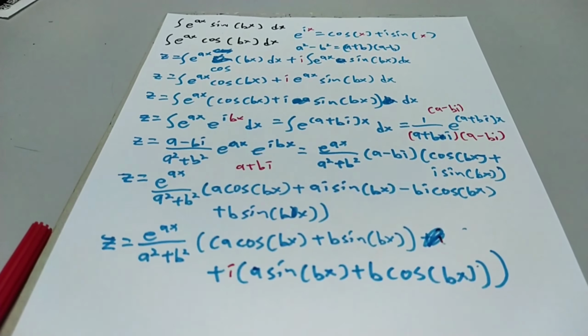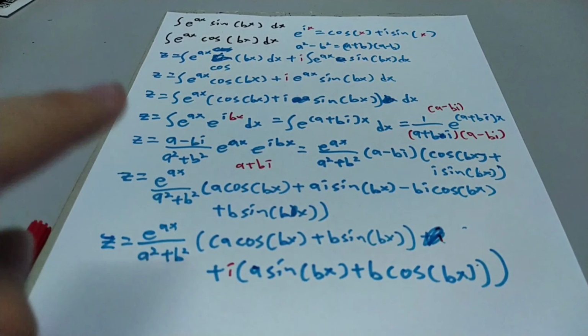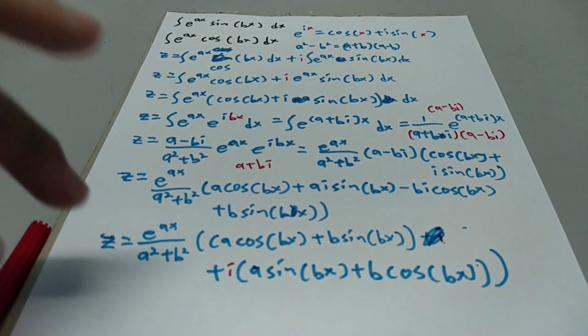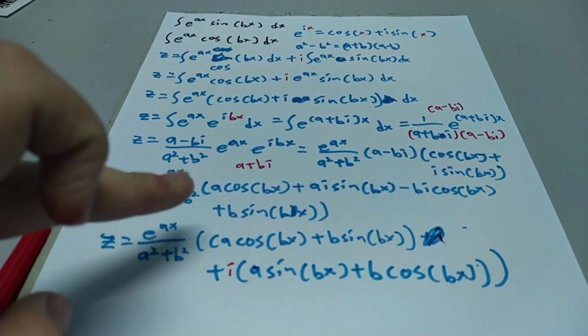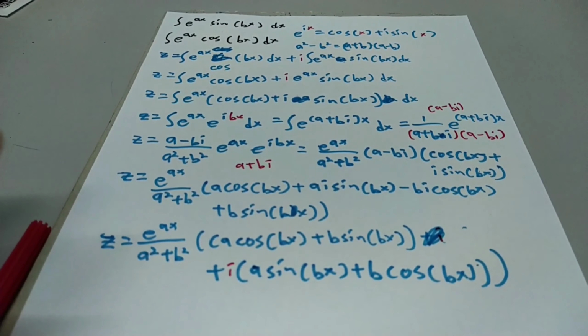Now we can imagine that we expand the e power of ax over a squared plus b squared to here, right? But now we can imagine it like that.